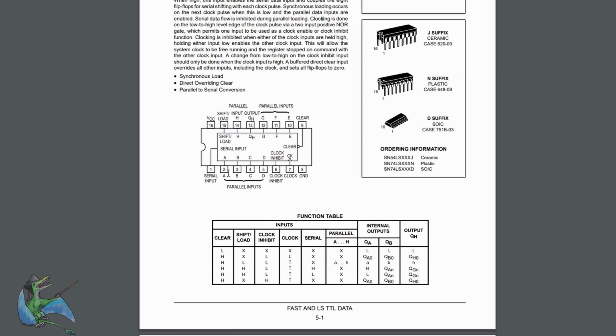It has basically 8 little memory locations, which can be written by applying a parallel byte to the chip, and then a pin is toggled, and that loads the contents of these flip-flops, these memory cells.